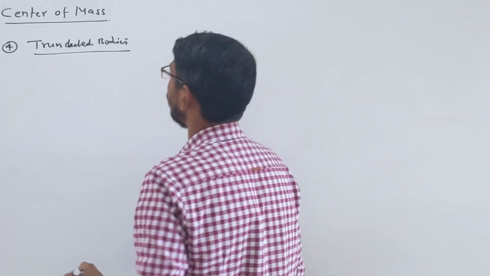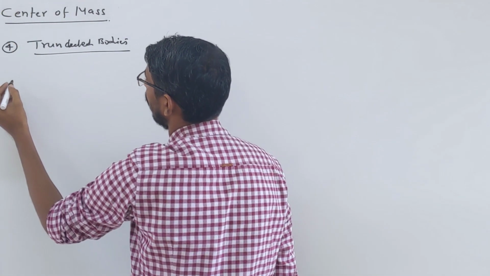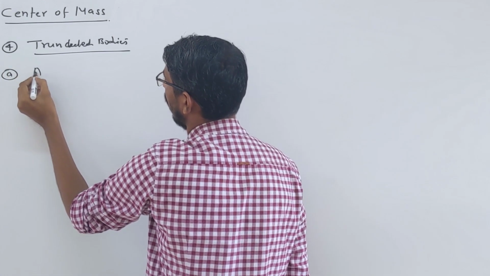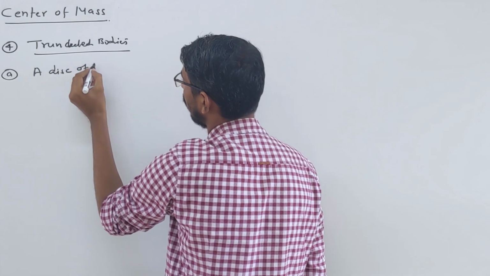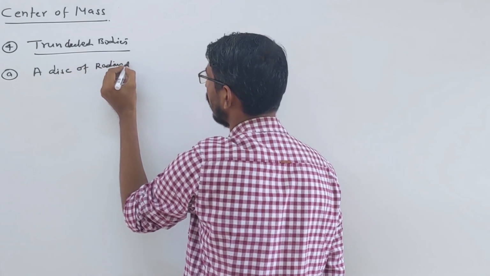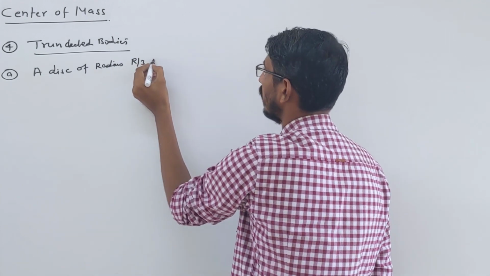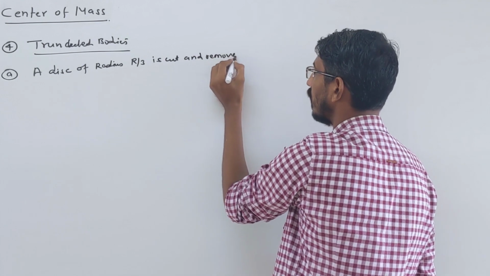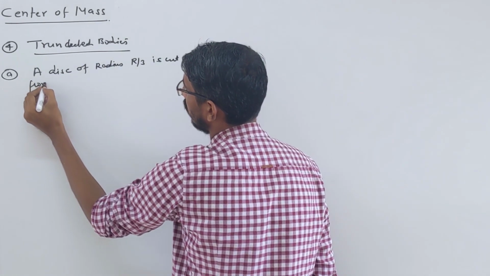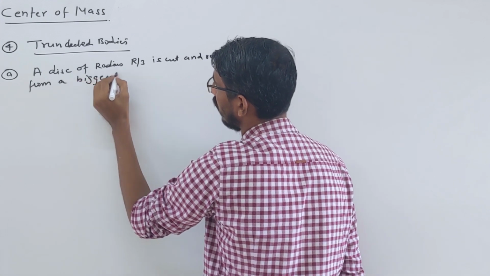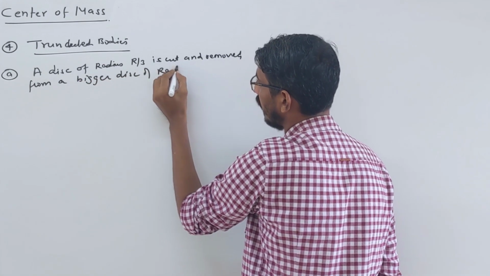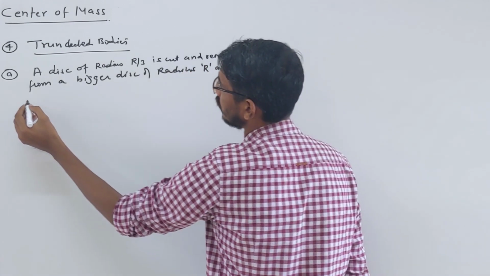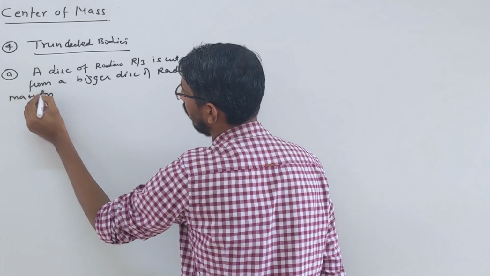So look here, suppose I am doing this type of question: a disc of radius r by 3 is cut and removed from a bigger disc of radius r and mass m.